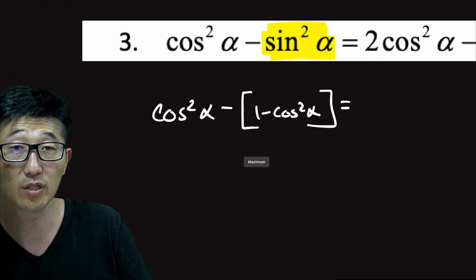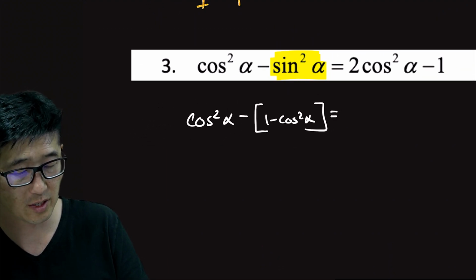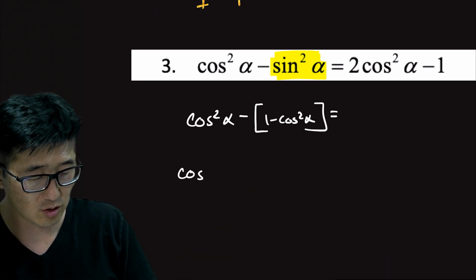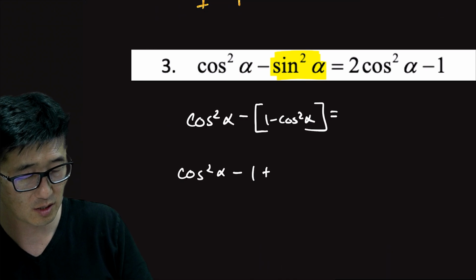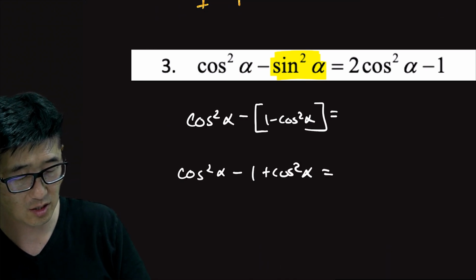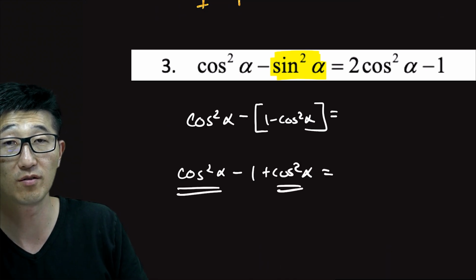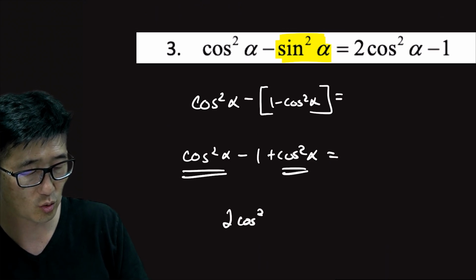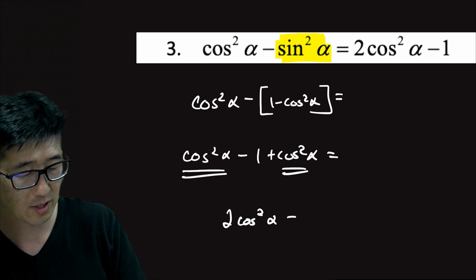Can you see how I wrote this? Cosine squared alpha minus, and you put this in parentheses. Now you just start distributing. You'll notice that you have cosine squared alpha, two of those. They're like terms, so you can add them. So it'll be cosine squared alpha minus 1. And there we go.